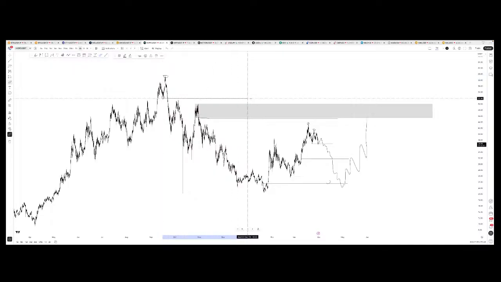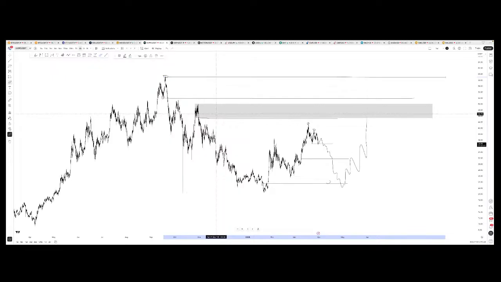This here was the breaker block, right? From here the price action switched from bullish to bearish. So if this order block is not respected, you can expect even higher, like this 52, then come back down to at least 24.